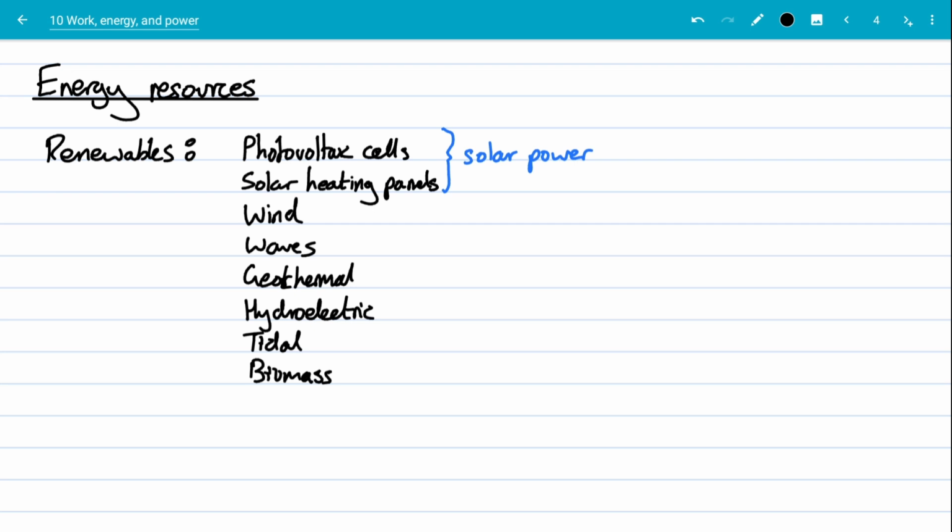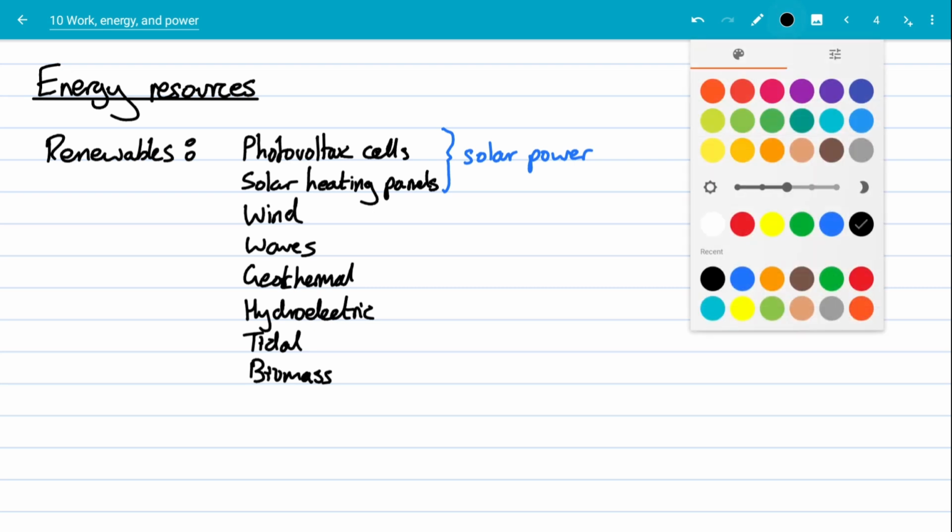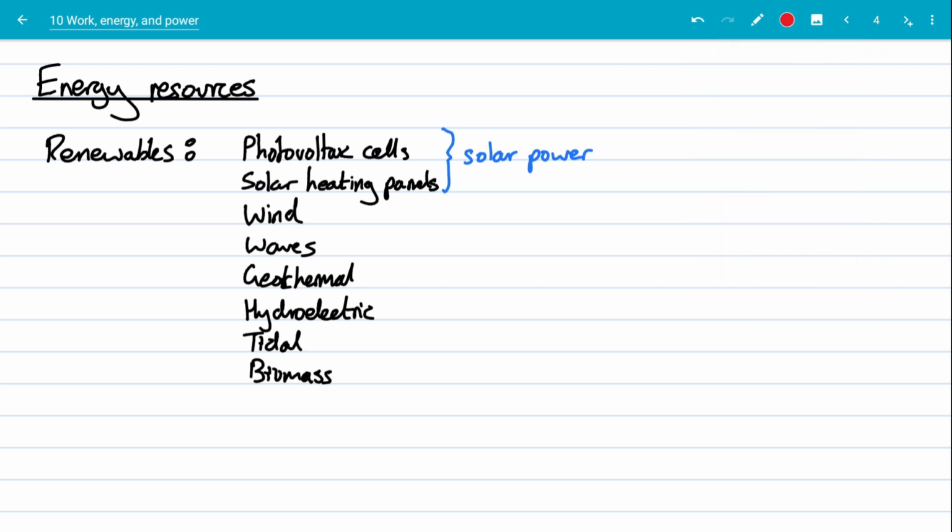So there's a whole bunch of renewables here, and the idea is that they don't run out during the duration of human civilization. That's not the official definition. The official definition is something like they get replenished faster than they're used, which I don't like as a definition. I prefer the idea that they won't run out during human civilization. But there we go. If I've forgotten any, do let me know.